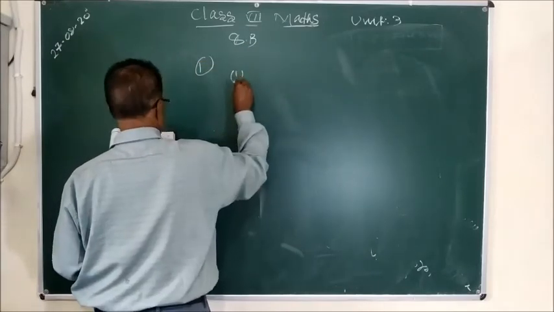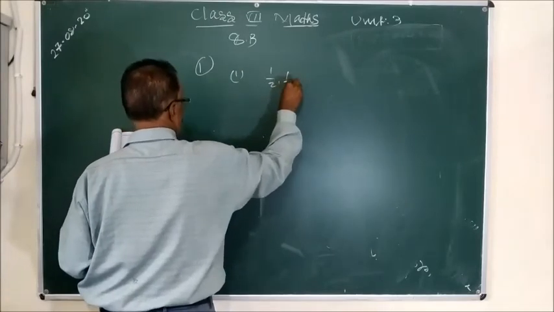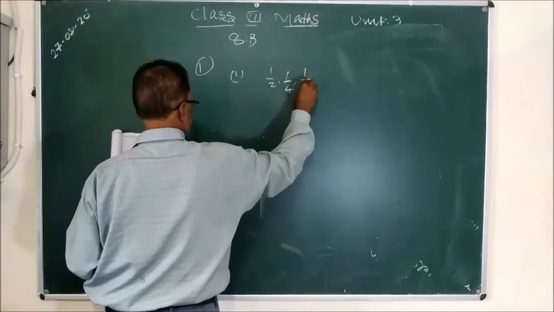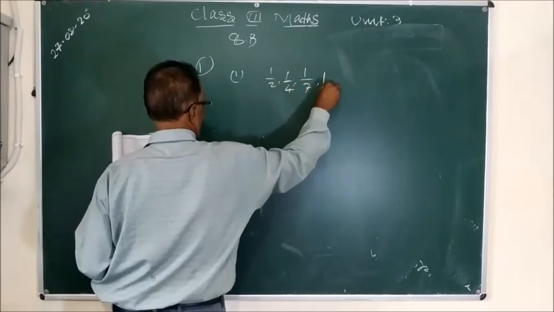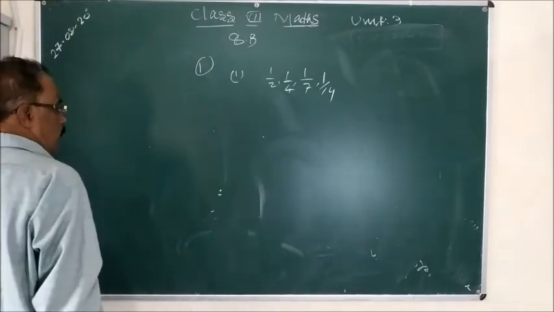First question: 1 by 2, 1 by 4, 1 by 7, 1 by 14. You have to find whether these are in proportion or not.